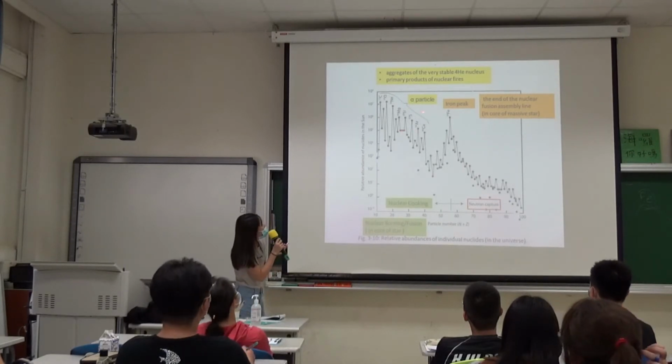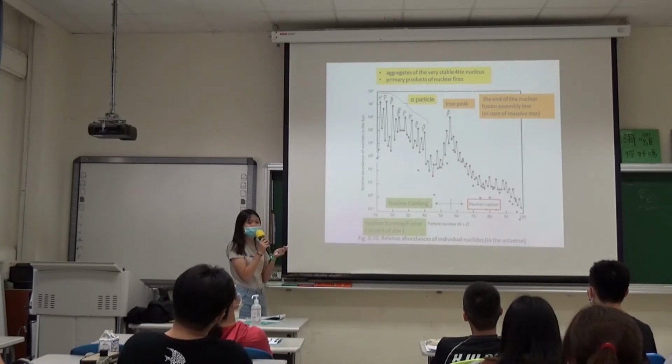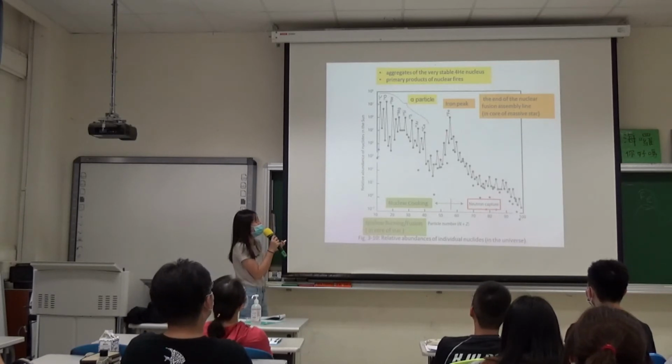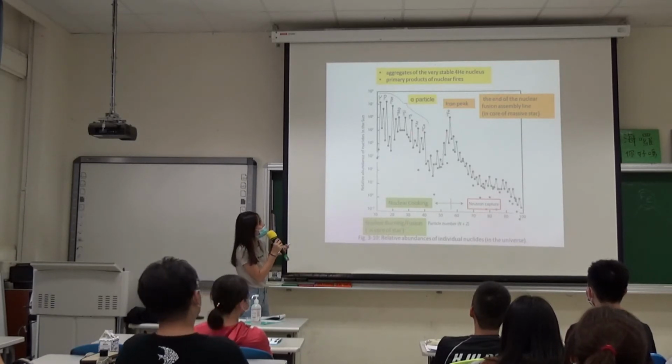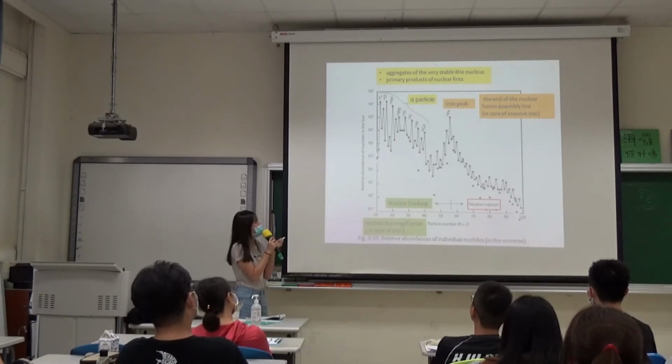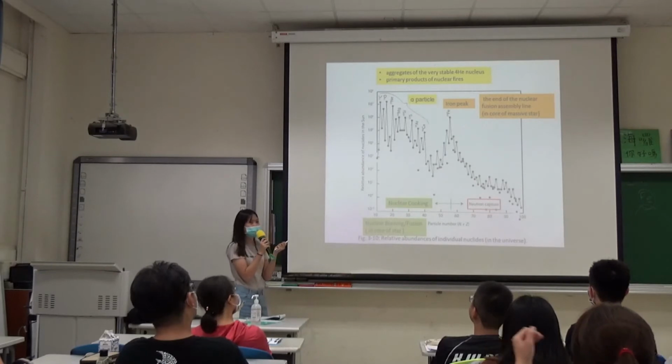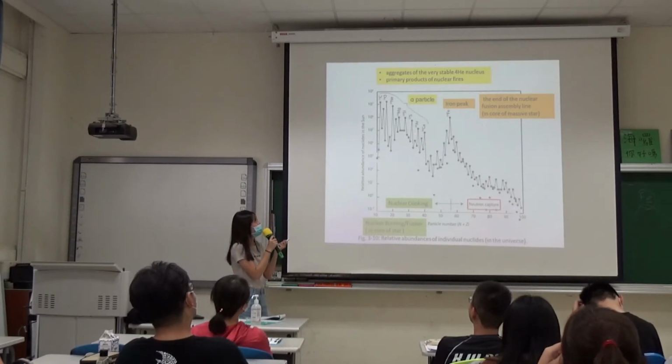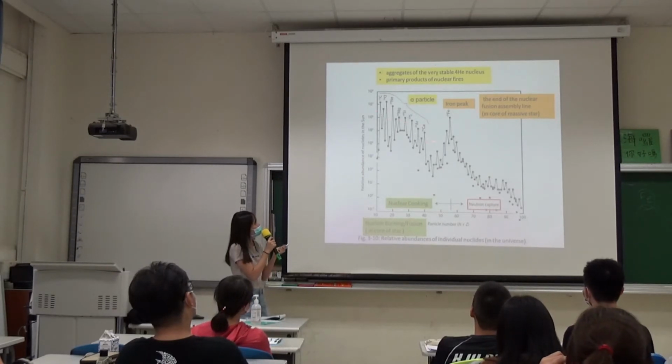Then here is the iron peak. Just now Team A already talked about iron. Why does the universe have so much iron? Because we can see here a decline, then a peak again for iron.